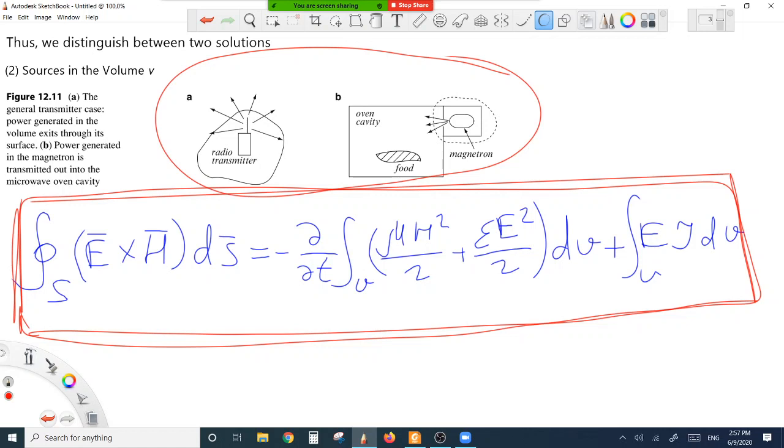The power is transmitted out. The second shows a microwave oven, and the volume corresponding to our case is enclosed by the magnetron, which in our case is a source inside the volume V.